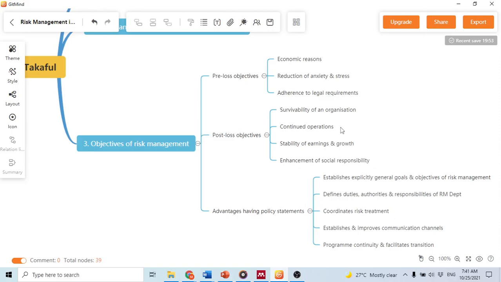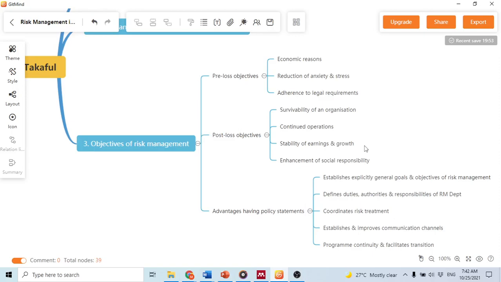So another post-loss objective is stability of earnings and growth. An organization with a well-entrenched risk management program will be able to grow financially by way of diversification. So this is very important.